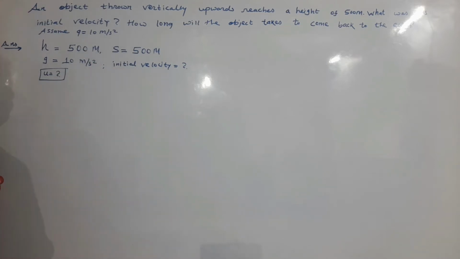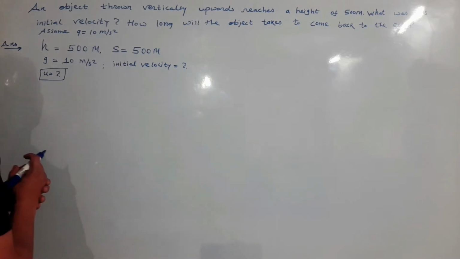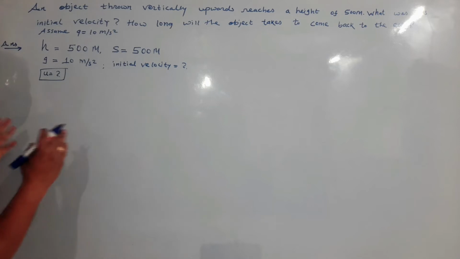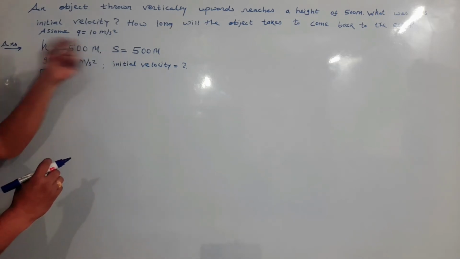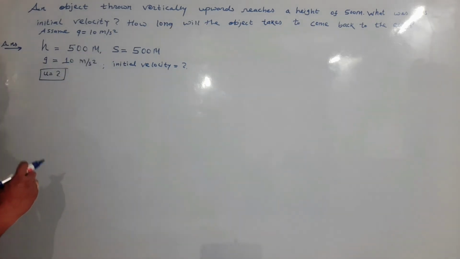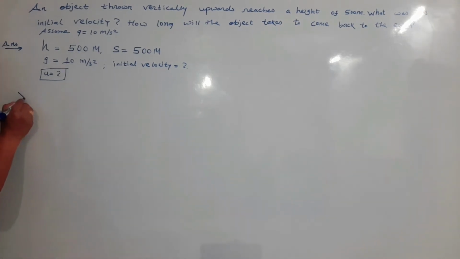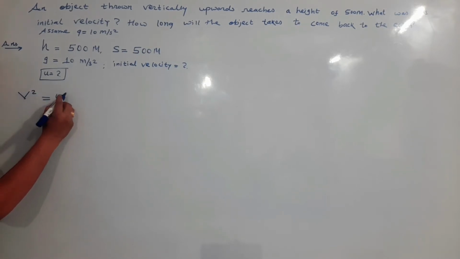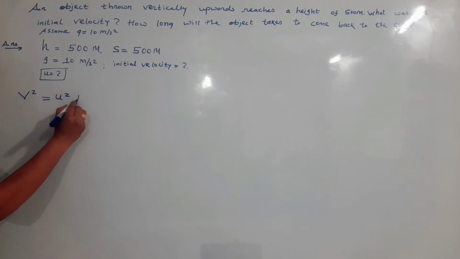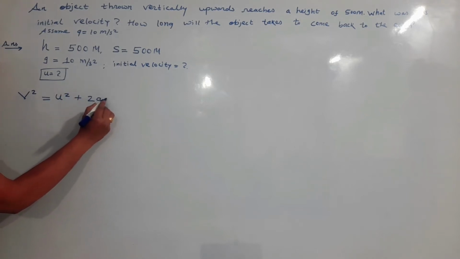So my dear student, here we have to find a kinematical equation in which there is a relationship between the displacement of the body and velocity, and this kinematical equation is v square is equal to u square plus twice as.